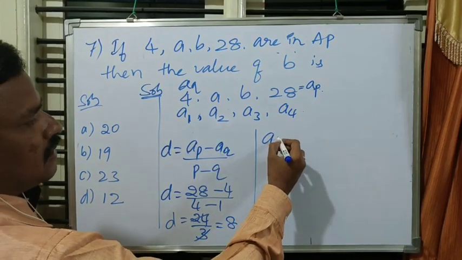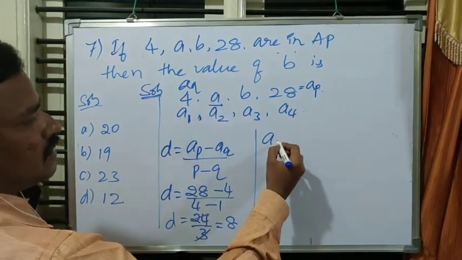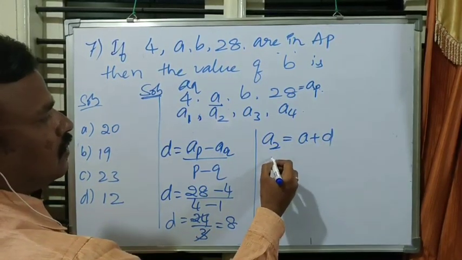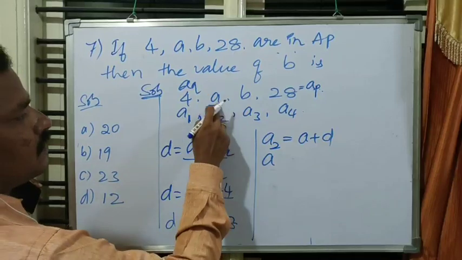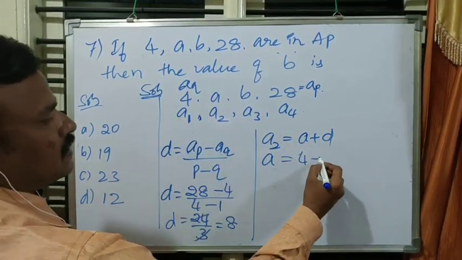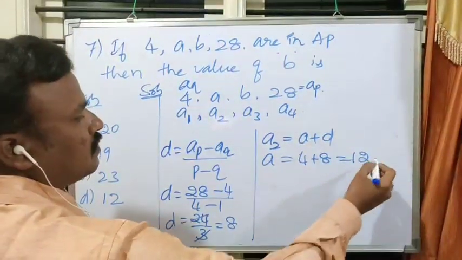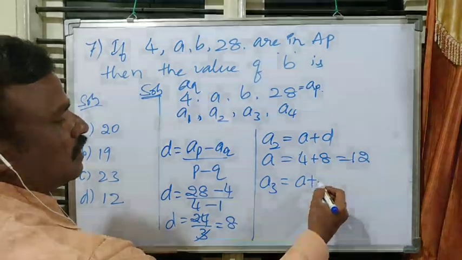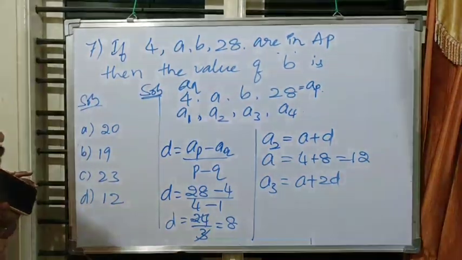Now we have to add this 8 to the next term. A2 means A plus D. A2 is 4 plus D, which is 8, that becomes 12. Like this, A3 is equal to A plus 2D.